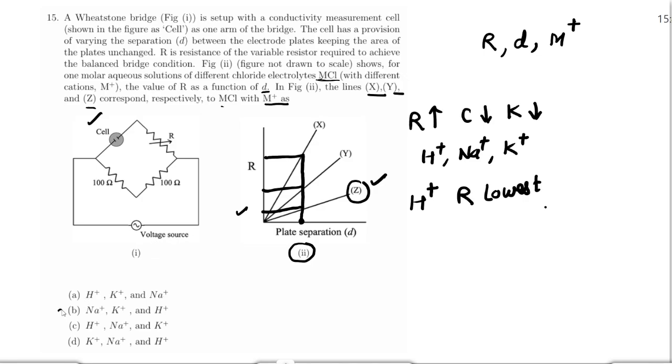So now we are left with 2 options, B and D. Now out of Na plus and K plus, which one has higher conductivity? K plus. That means it should be second one. So Y should be in the midway. Okay, then it is Na plus. So that means according to me, B option should be correct.